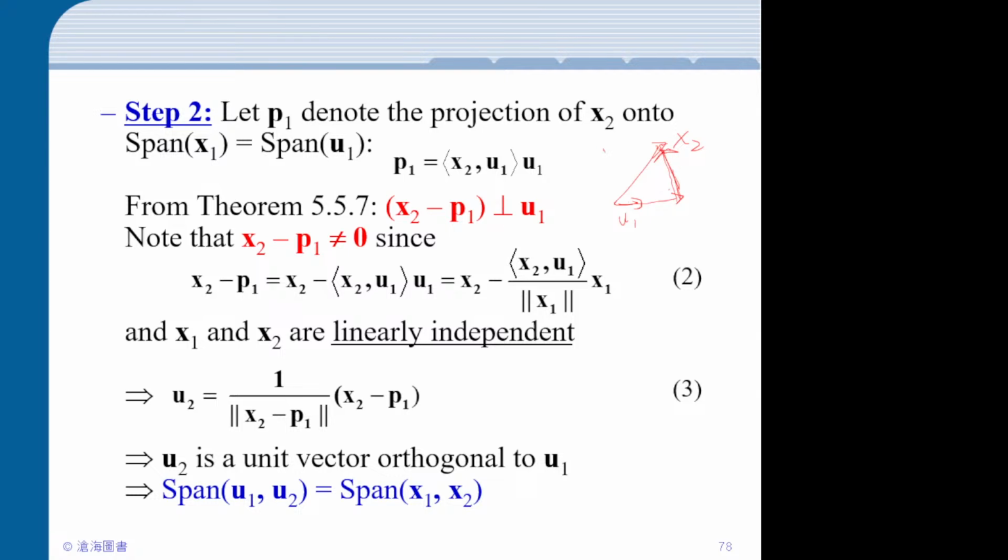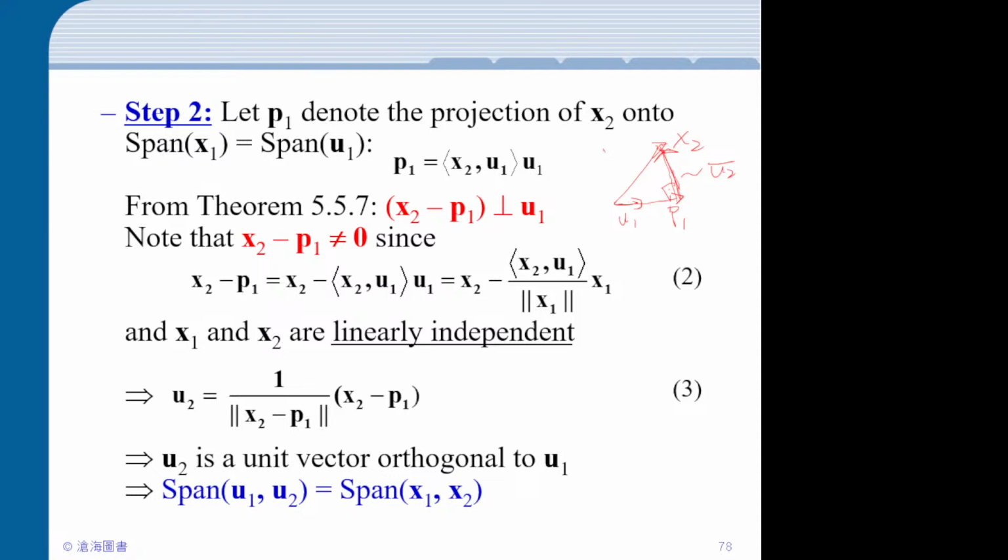Then you want to decompose your x2 into p1, the projection of x2 onto this u1 direction, and then you have this orthogonal part remaining. You take this part and you normalize it, and it will be u2.